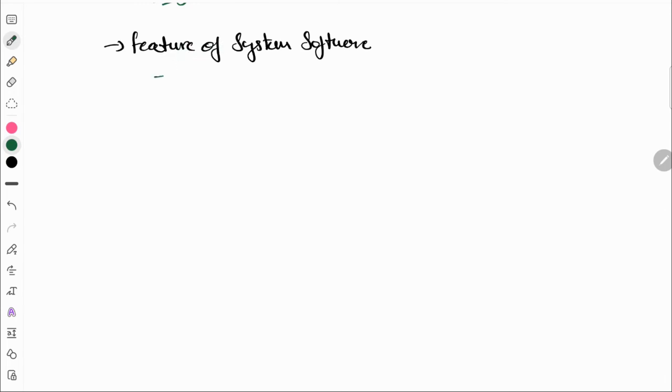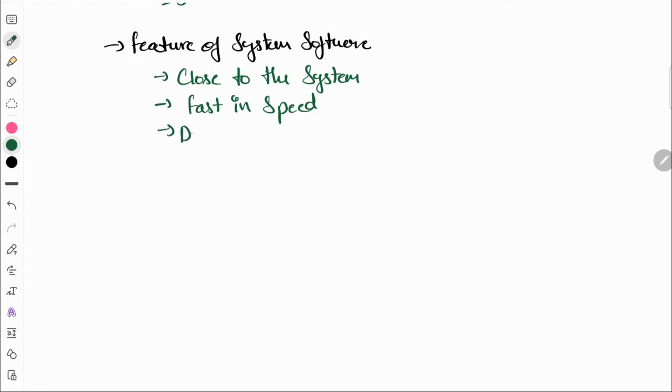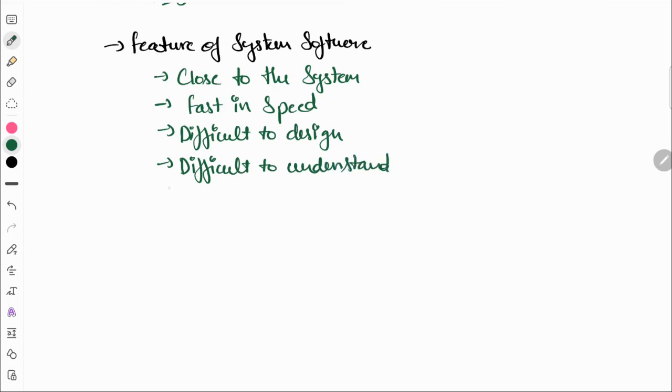Close to the system, fast in speed, difficult to design, difficult to understand, less interactive, smaller in size, difficult to manipulate.